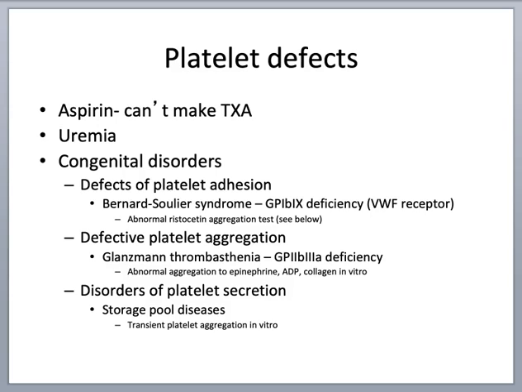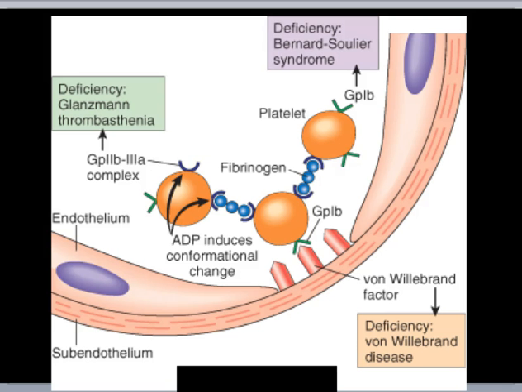So again, there's much better and more detail on Bernard-Soulier syndrome and Glanzmann thrombasthenia in the references from Osmosis cited in the study guide. But just to conclude, there's a nice illustration here of these defects.